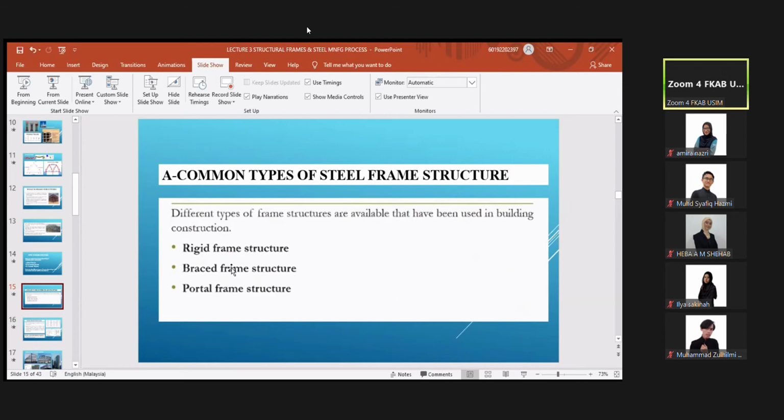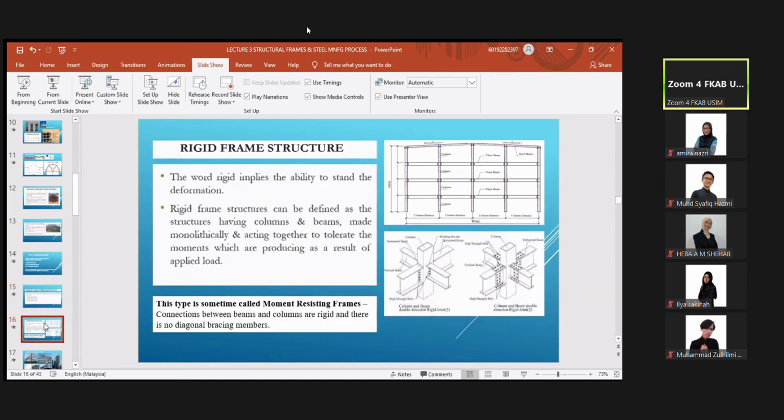Braced frame structures use bracing, as I mentioned. Then portal frame structures, which are column free, short span, and normally used for factories or warehouses. We'll talk about it afterward.